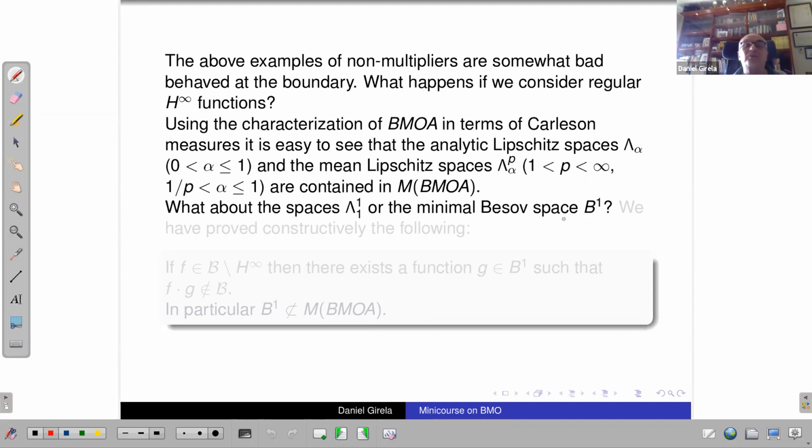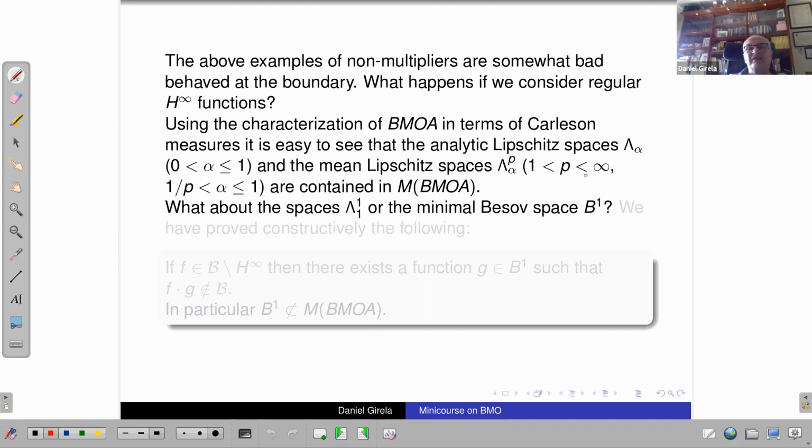So then the question which came to my mind is, if we have a function here, or maybe even here, can we say that it is a multiplier of the space, just as what happens with this function in this Lipschitz space? Actually, the answer was negative.